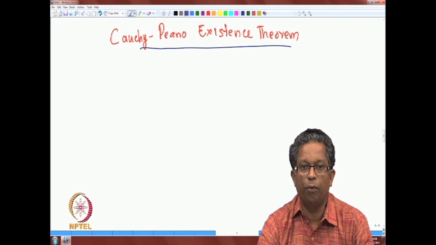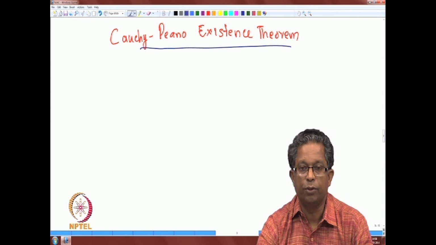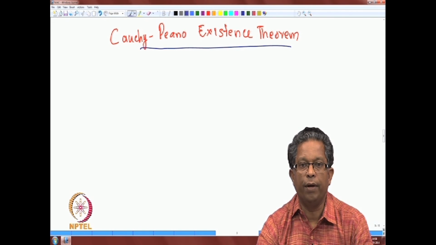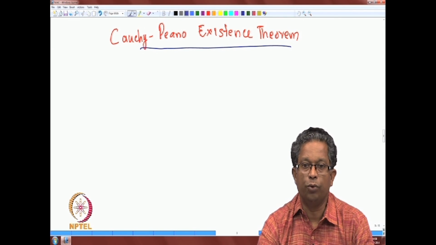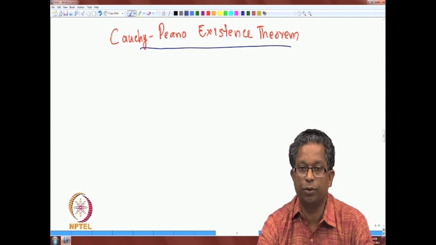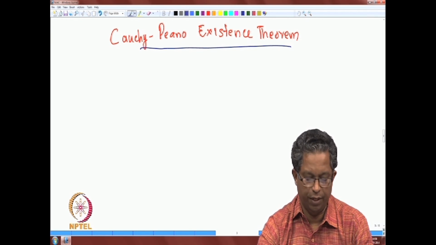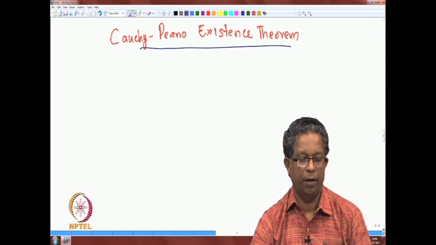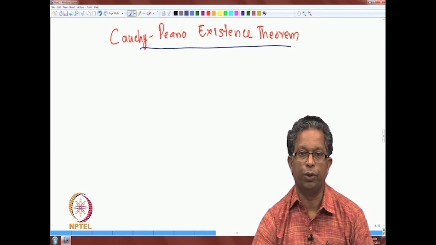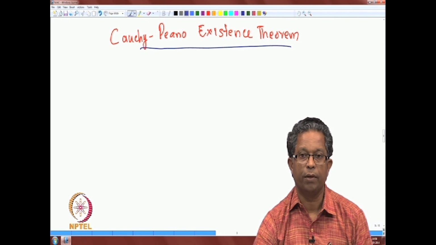Once we have a uniformly bounded and equicontinuous sequence of functions, we make use of the Arzela-Ascoli theorem to extract a subsequence that converges uniformly to a function, and later we prove that the limit function is a solution to the initial value problem. That is the whole idea of the Cauchy-Peano existence theorem.